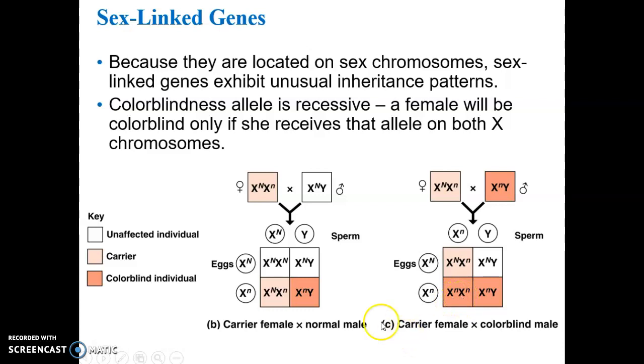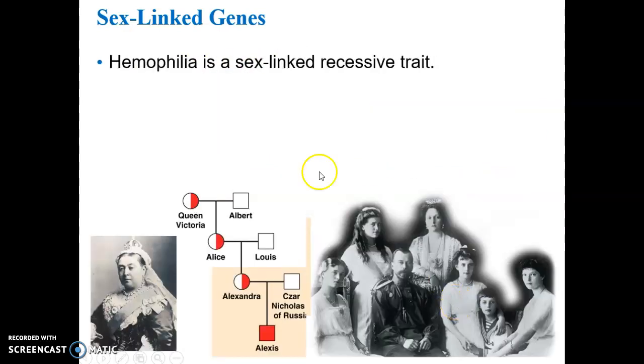It is simply more common in males because it's an X-linked disorder and the male doesn't have the second X chromosome that could hide or mask the condition, as with the female here who's a carrier. She has a dysfunctional colorblind allele but a normal allele, so she doesn't have the disorder, she's just a carrier. So again, sex-linked disorders are more prevalent in males. Hemophilia, right, is a sex-linked recessive disease.